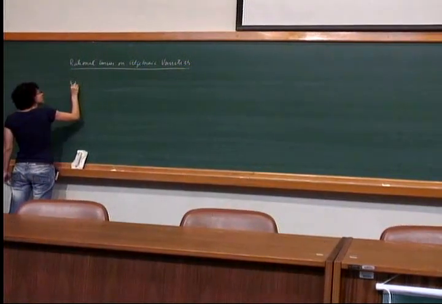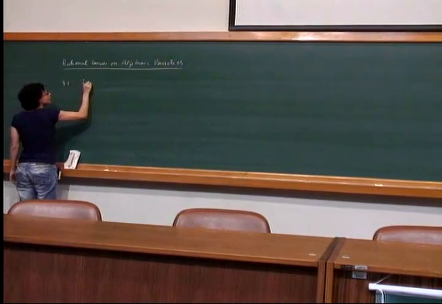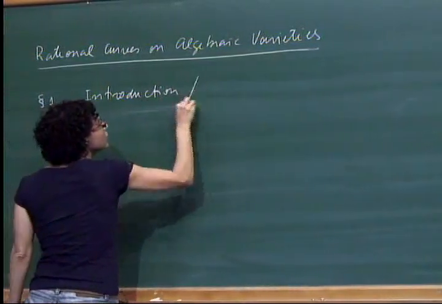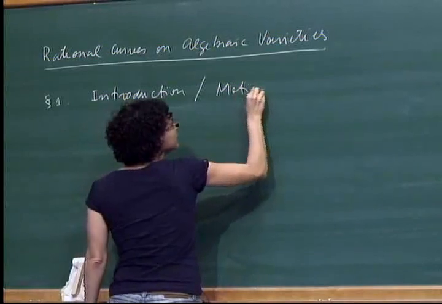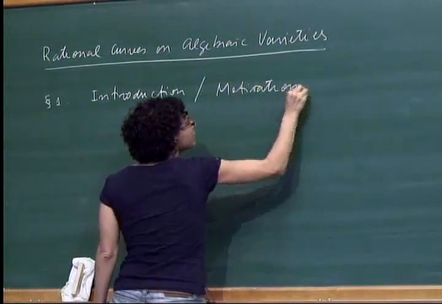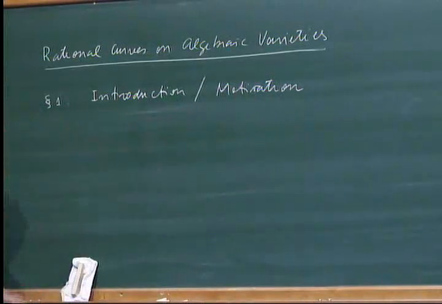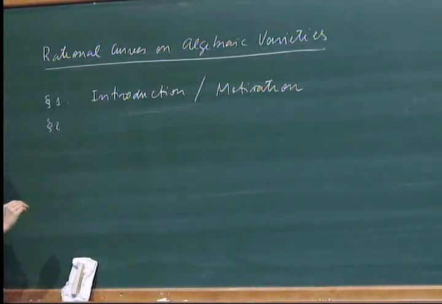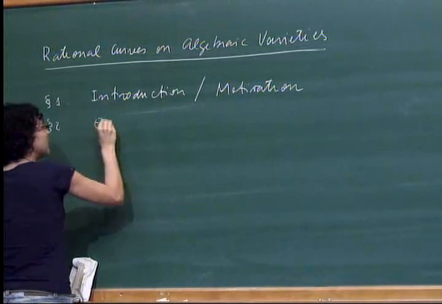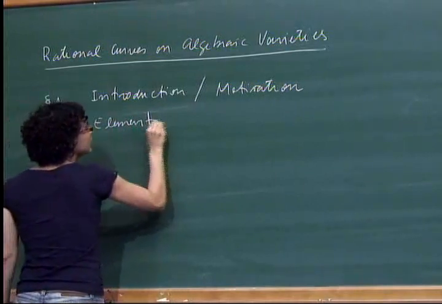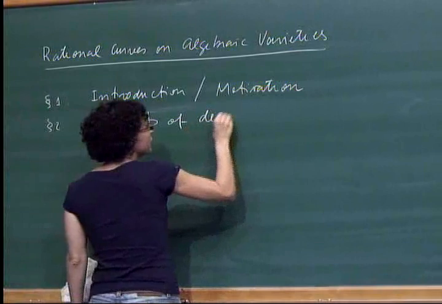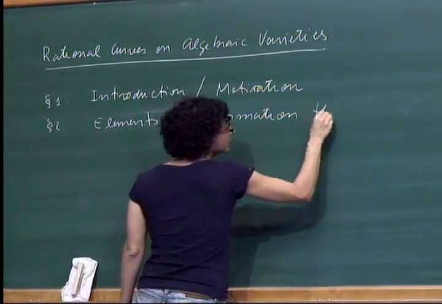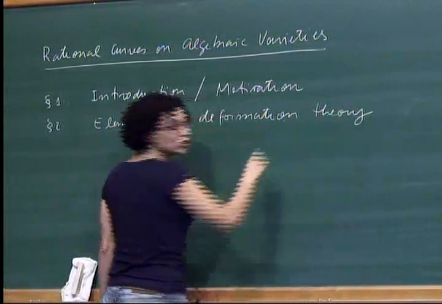First, I will start today with some introduction, motivation for the study of rational curves on algebraic varieties. And then I will introduce some elements of deformation theory, especially of rational curves.